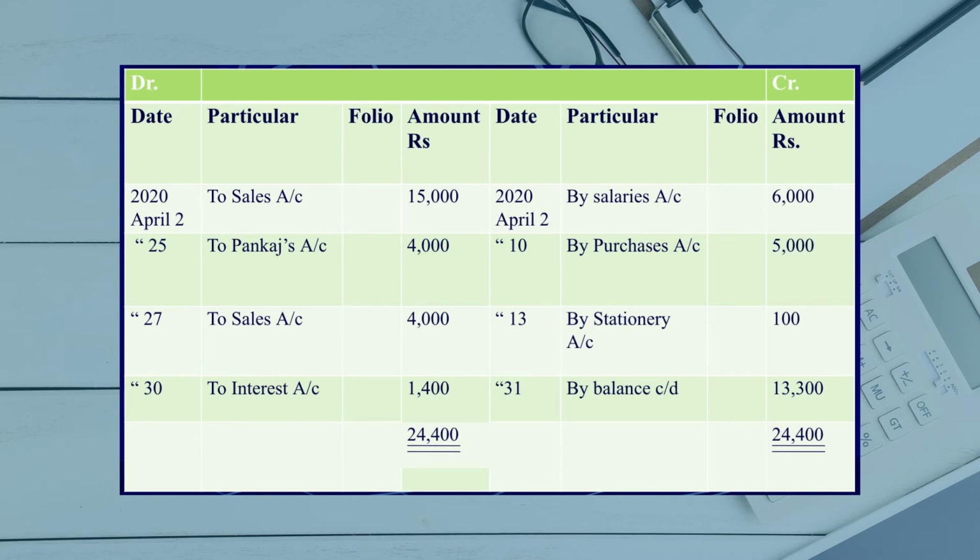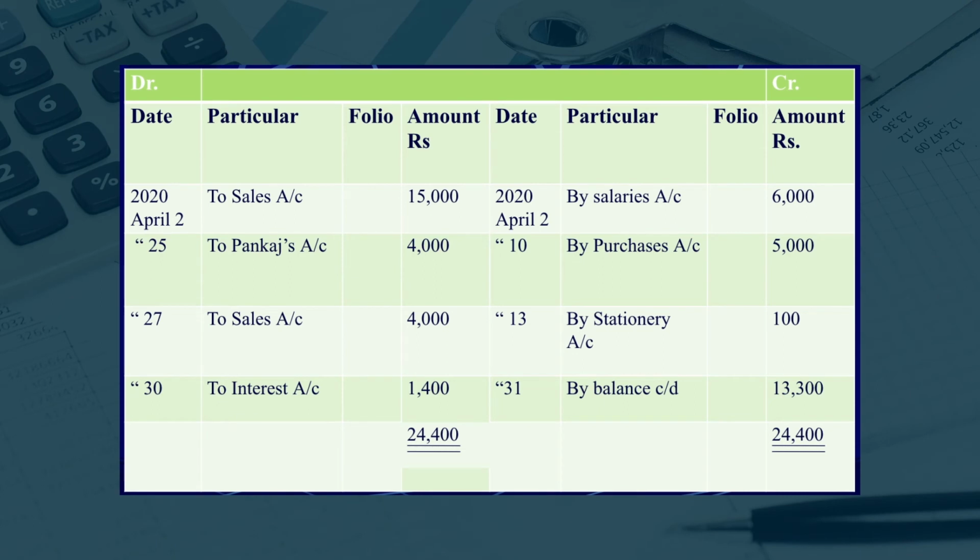So, well friends, you see that the total of the debit side of cash account is 24,400 rupees, and here the total of the credit side of the cash account is 11,100.